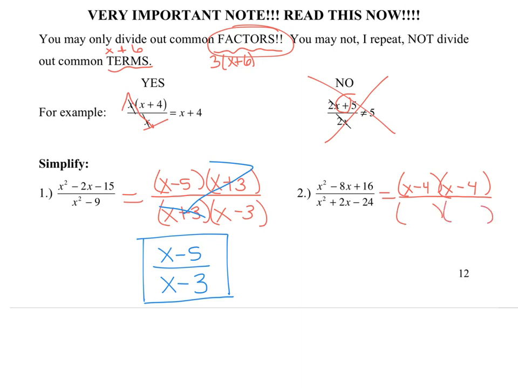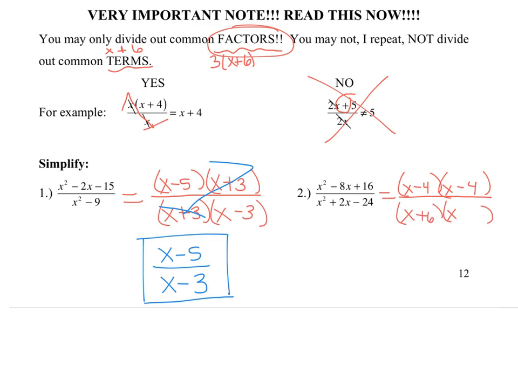In the denominator, again, we have a trinomial. We check for a greatest common factor, but they don't all have an x, and the largest number they're all divisible by is 1 because of the 1x squared. So we skip GCF, move on to reverse FOIL. We know that x times x gives us x squared. So we're thinking what two numbers would multiply to negative 24 but add to 2?